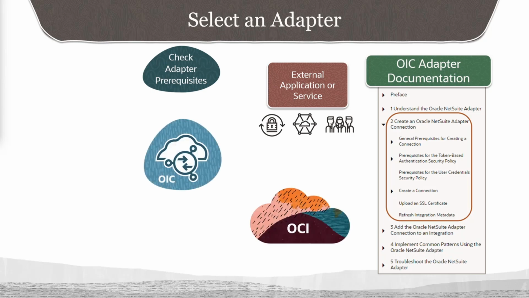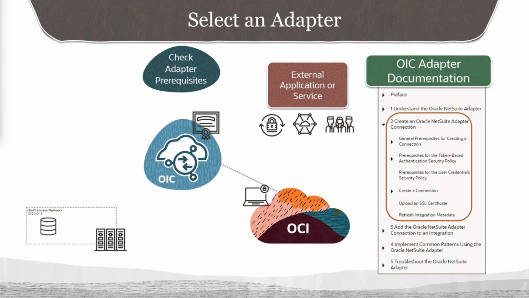Some adapters require setting up a confidential client application in the OCI tenancy for the OIC instance, and for some external applications, their SSL certificate will need to be uploaded into OIC. In addition, for those applications or systems that are located in your on-premises data center or for services located in a private cloud network, an OIC connectivity agent will need to be downloaded and installed.